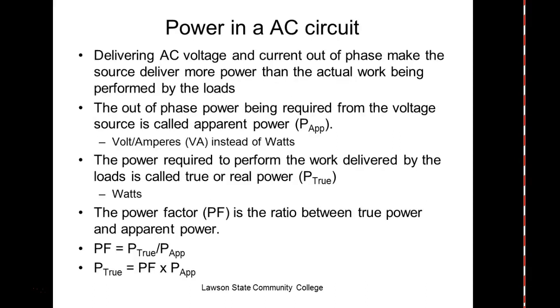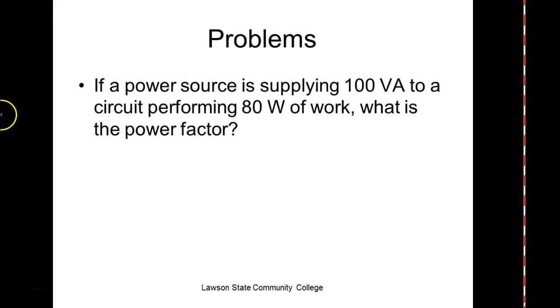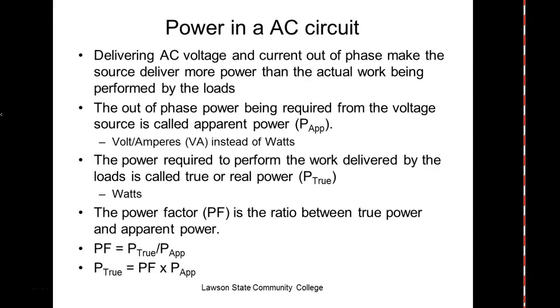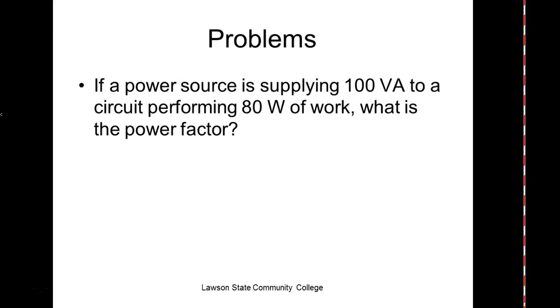But when we start working with AC, we have to worry about true power and apparent power. Now, apparent power only comes into play with AC. With DC conductors, all we have to worry about is the resistance of the wire. That's all we have to worry about. If a power source is supplying 100 VA to a circuit and performing 80 watts of work, that's the true power.